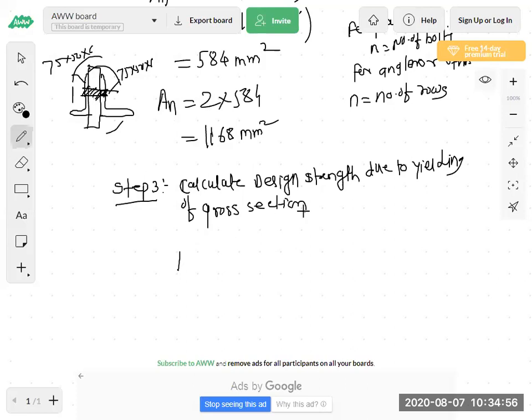So okay, the design strength due to yielding of gross section is nothing but TDG. So what is the formula for TDG? Write down. TDG is equal to AG into Fy divided by gamma m naught.